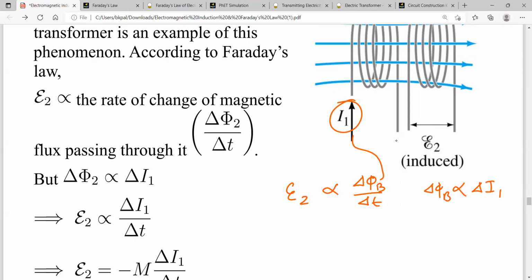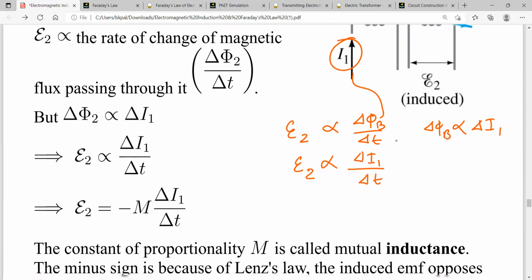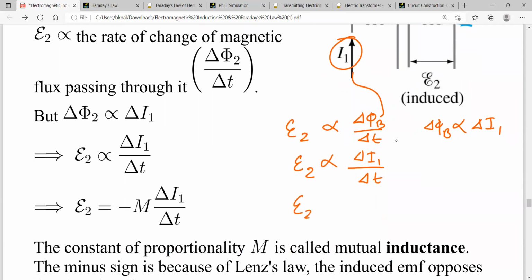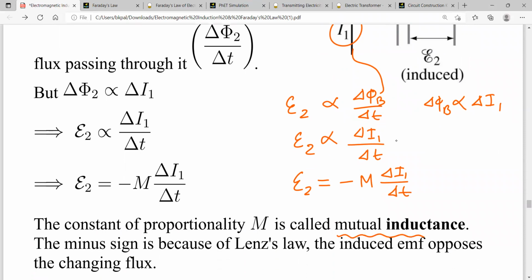So we can therefore write E2 is equal to something like this. Now if I want to write an equation, then we need a proportionality constant, and the proportionality constant here is M. And this M we call the mutual inductance.